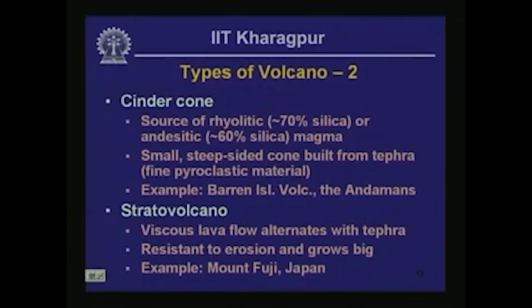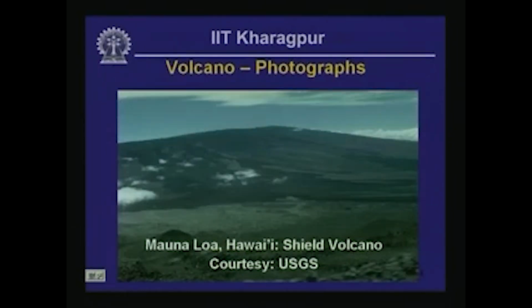Let's take a look at a few photographs, because then the scale that we are talking about may become a little bit more clear. This one here is a photograph of a shield volcano, the Mauna Loa volcano in the island of Hawaii, in the island chain of Hawaii.